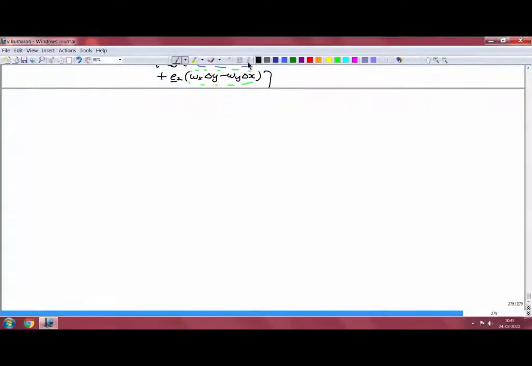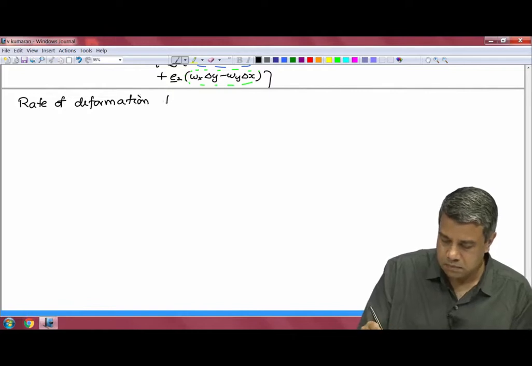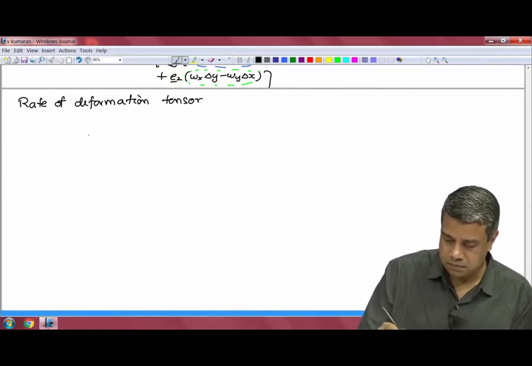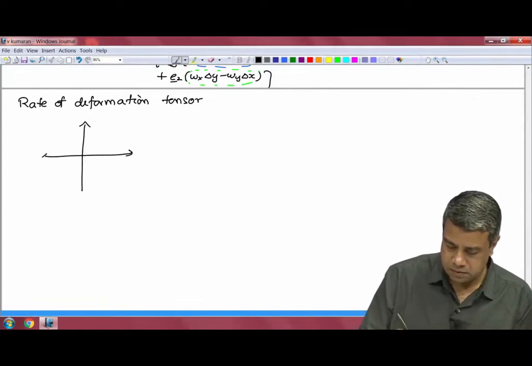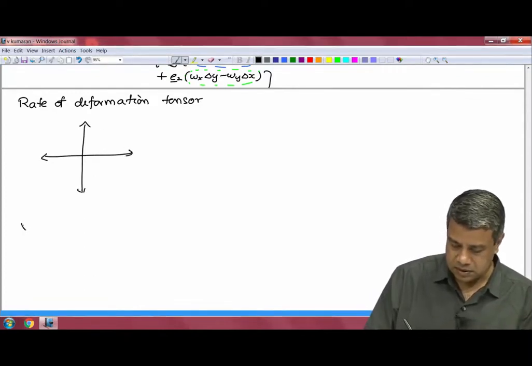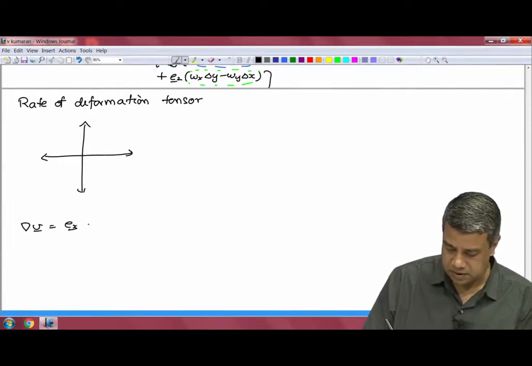So, in the previous lecture we were discussing the rate of deformation tensor. This is the gradient of the velocity, which we had written, you recall, as Ex, Ey, Ez.